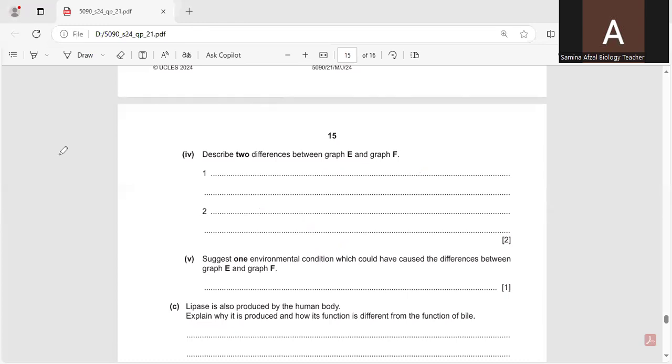So first, the greater increase in biomass in E, and secondly, the rate of increase is also fast.